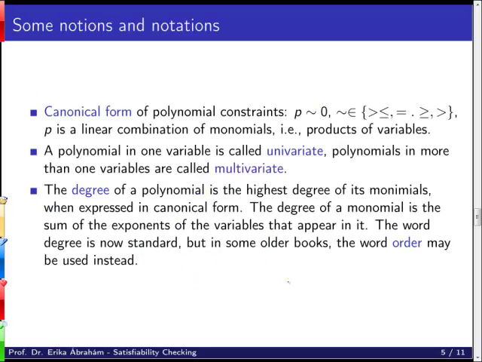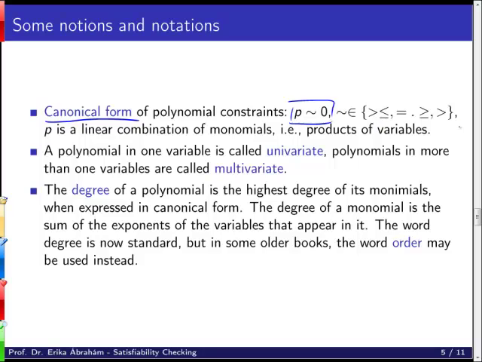Before we get to some procedures, some definitions. A canonical form of a polynomial is just a polynomial. A polynomial constraint is just a polynomial compared to 0.